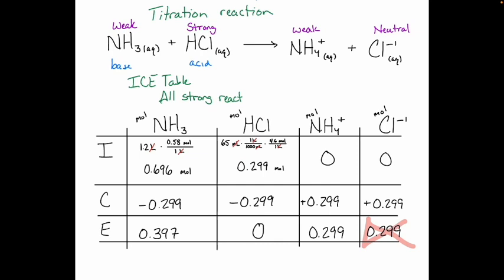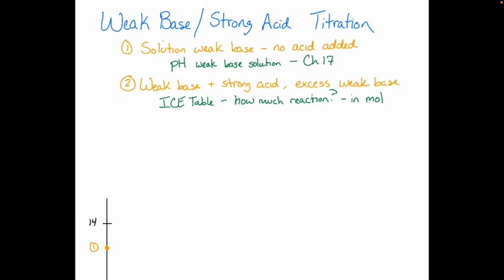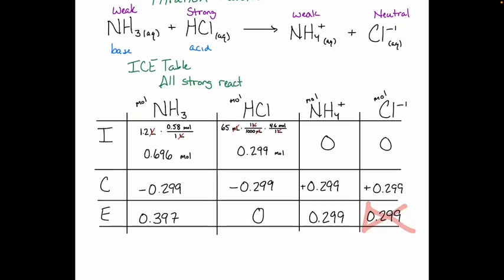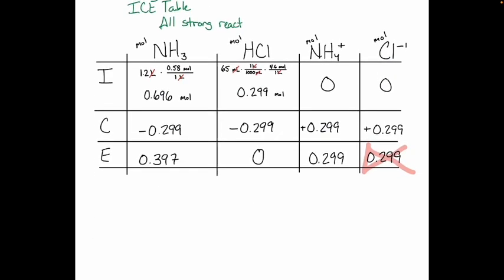And we have a special name for those solutions. What are those? Buffers. Just like with our weak acid, strong base titration, in this region we have created a buffer solution, which means that when we solve for our pH, we get to use our Henderson-Hasselbalch equation.